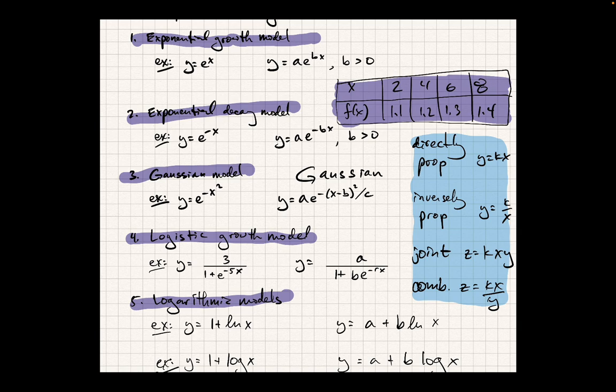Jordan, can you help us out with number 1, exponential growth model? What asymptotes does it have? You might unselect all your other graphs and just look at that one. We've talked about this one before.